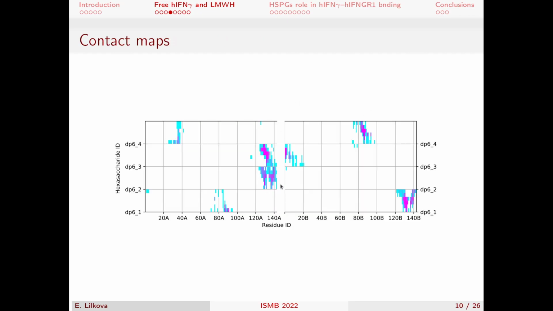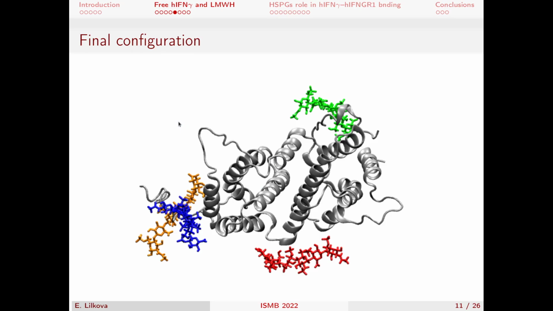The contacts are primarily located in the C-termini of the two human interferon gamma monomers here and here, and we also have some contacts with positively charged solvent-exposed domains in the globule.